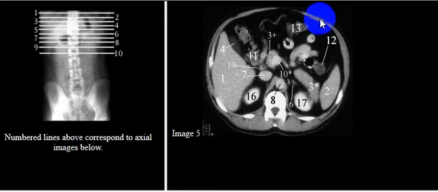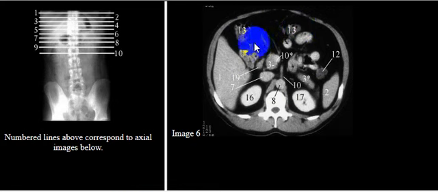Again, transverse colon, descending colon, ascending colon, and this is the duodenum, and these are the small bowel. Here, this is the duodenum, transverse colon, ascending colon, descending colon, small bowel.